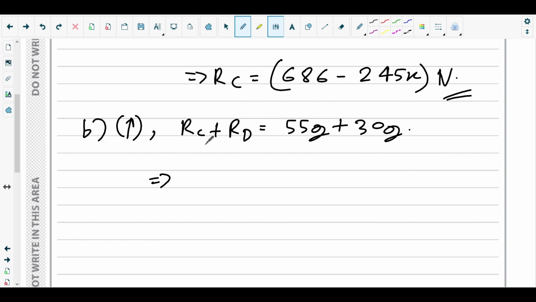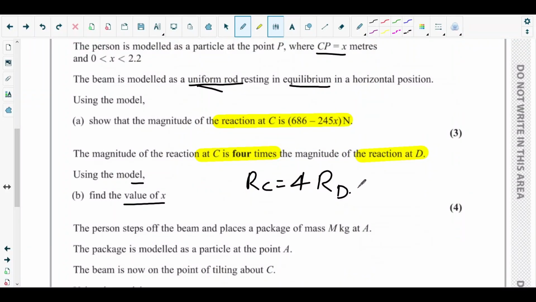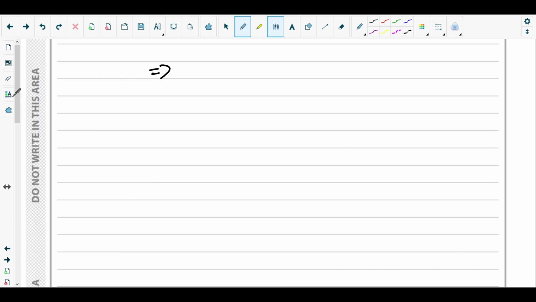Reaction at C is known to us, and reaction at D is 1/4 of reaction at C, since we have represented it in terms of X in the previous question. So let's put it there.